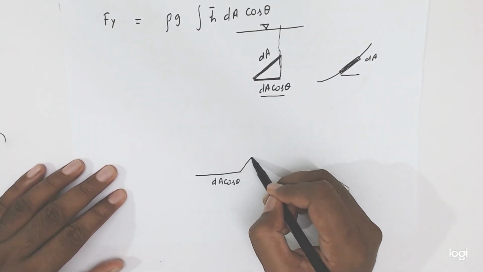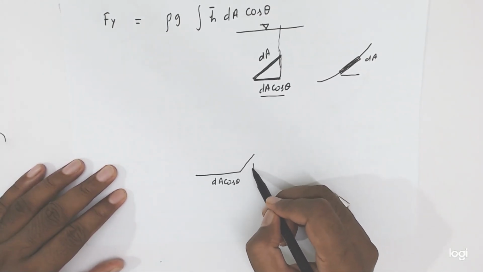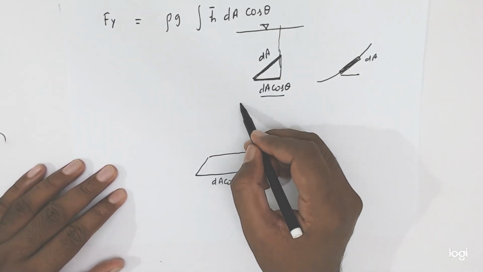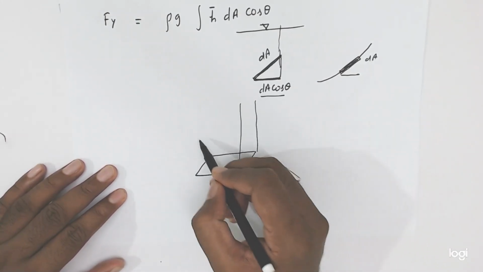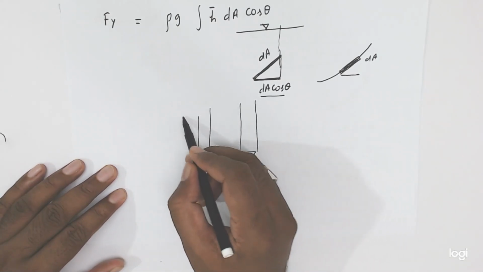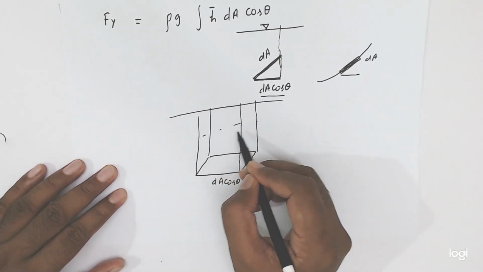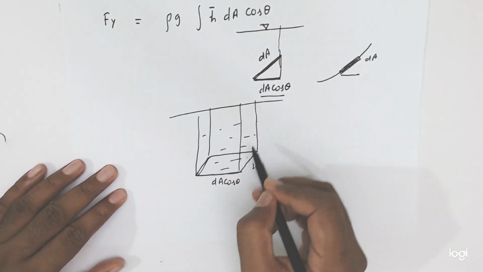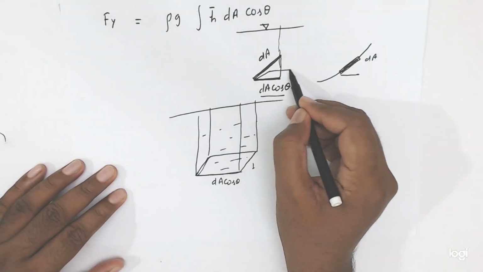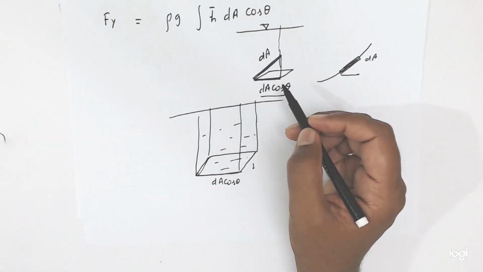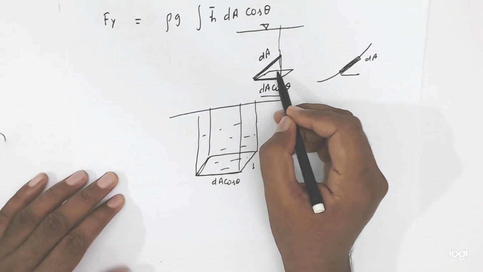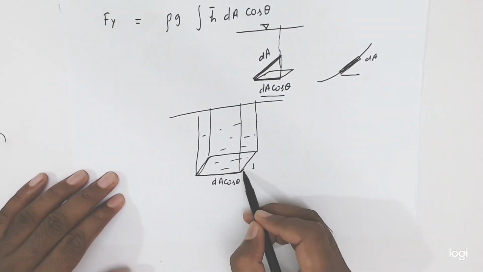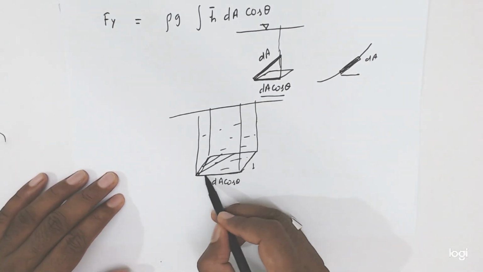Suppose its width is unity, so this is one. Up to this is the water, this is the surface area we are considering. If you project it here, we project this horizontal surface, it will come.